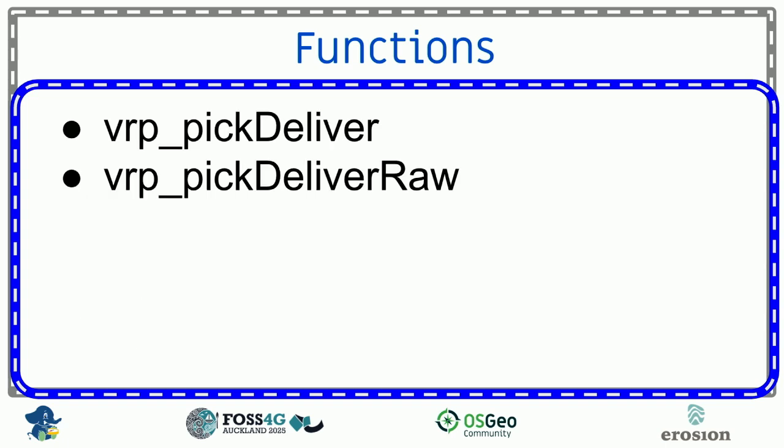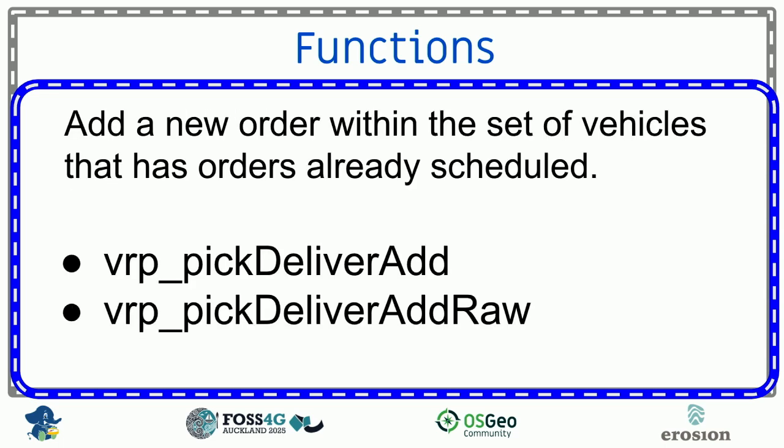These functions, pick deliver raw, come from pgRouting, okay? And here are the ones that add a customer at a time. When you are preparing a bus for going from Auckland, or an airplane going to Auckland to Samoa.